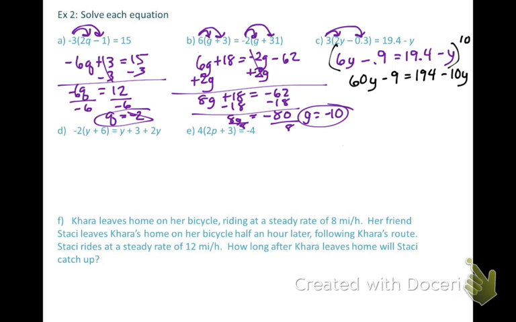I'm going to add 10y to both sides. 70y minus 9 equals 194.